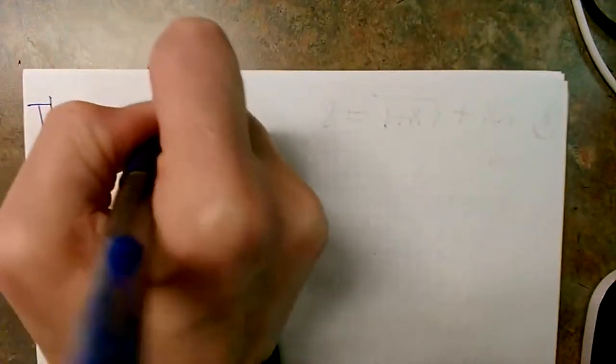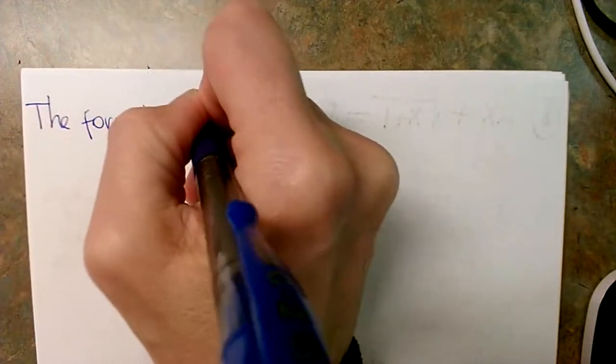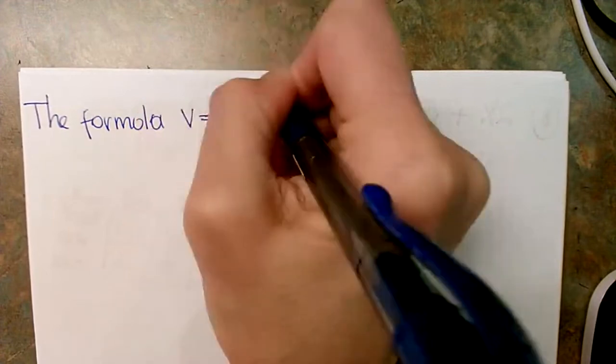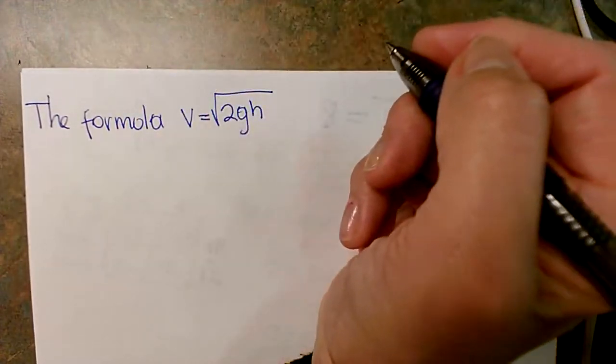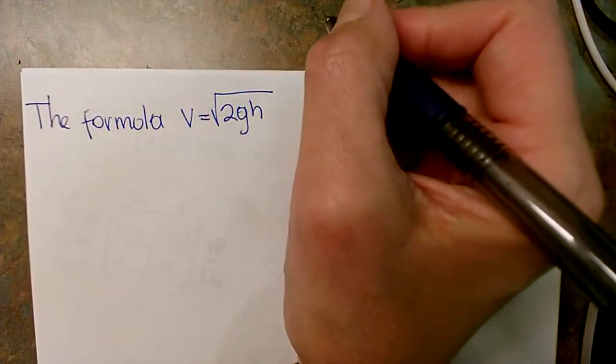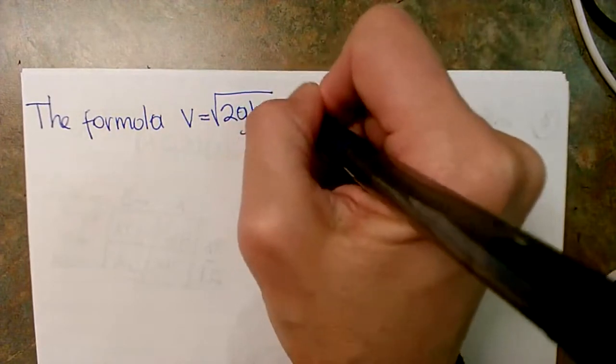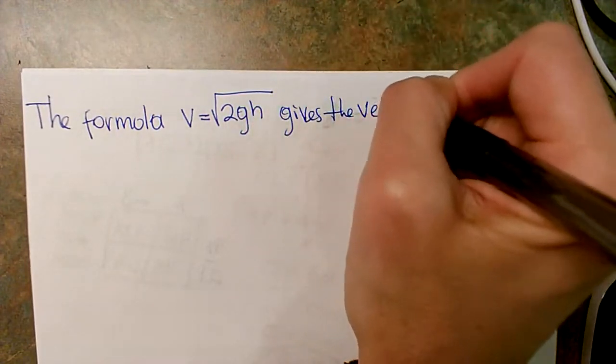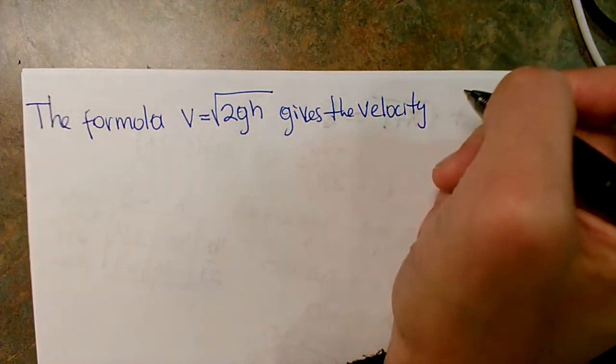It says the formula V equals square root of 2gs gives the velocity, right? Give the velocity.